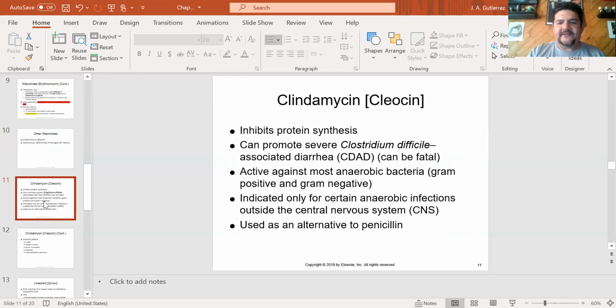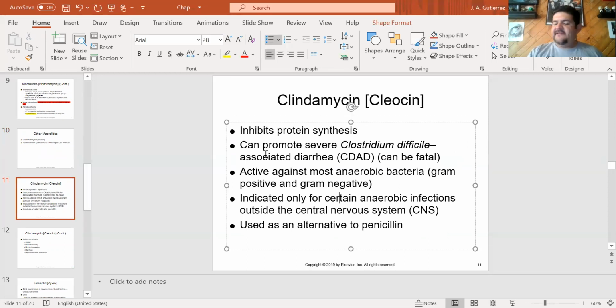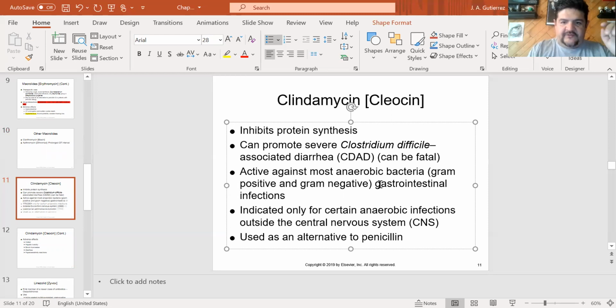Okay, we have clindamycin, also ending in mycin. Just like any other antibiotic, it can promote C. diff diarrhea or pseudomembranous colitis. If we don't identify that, the diarrhea can be fatal. Clindamycin is advised for anaerobic bacteria, bacteria that doesn't need air to multiply. So basically, clindamycin is used for gastrointestinal infections.